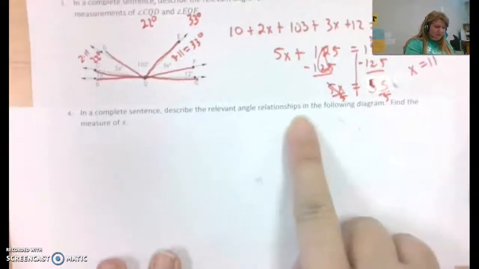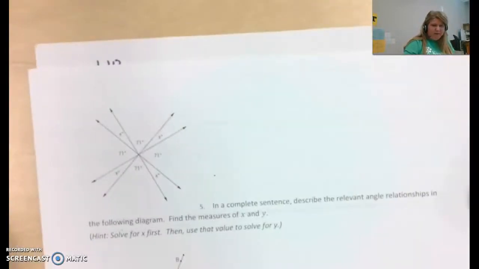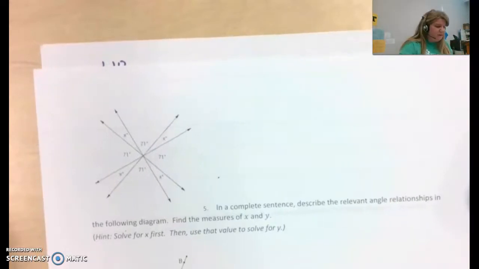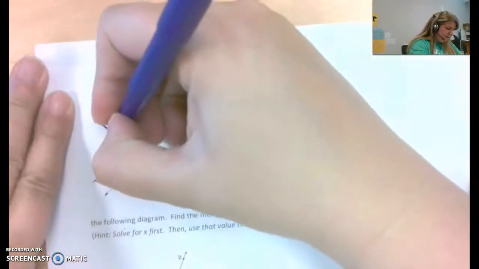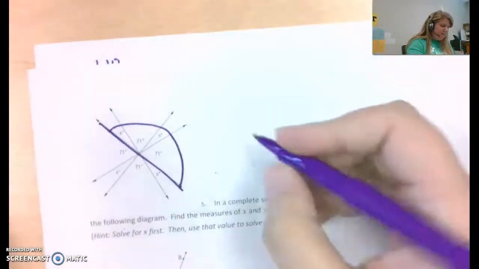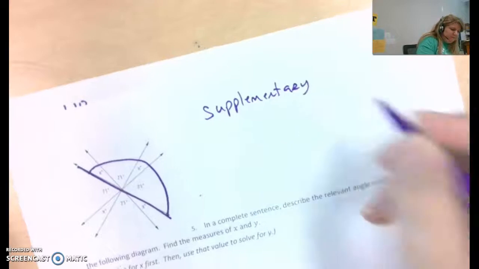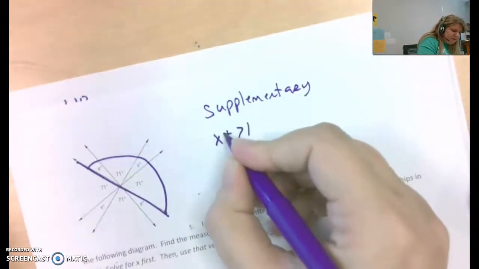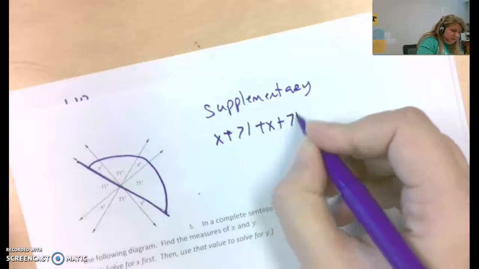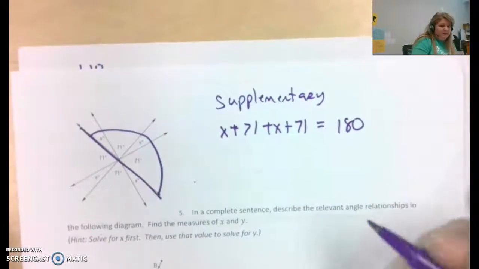The next one, in a complete sentence, describe the angle relationship and find the measure of x. So here, that looks very busy. There's lots of ways we can approach this. I think I'm going to start by just tracing a line, okay, because here would be a supplementary relationship, and that's the one that I want to use. Let's say x plus 71 plus x plus 71 is equal to 180 degrees because it's supplementary.